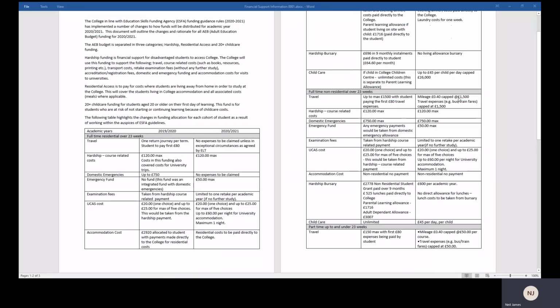For full-time students who are non-residential, so that's full-time students over 23 weeks, previously they would have got a lump sum of £1,500, and students would have to put in the first £80 worth of travel. We've removed that first £80 worth of travel because we took the view that if they required support with travel expenses, then it may be difficult to find that first £80.